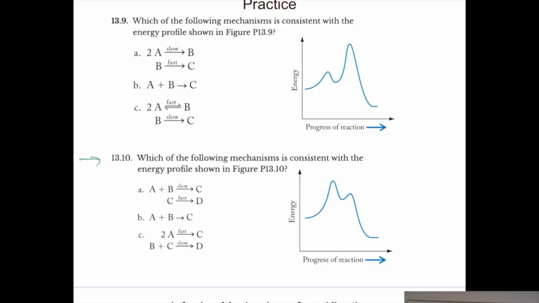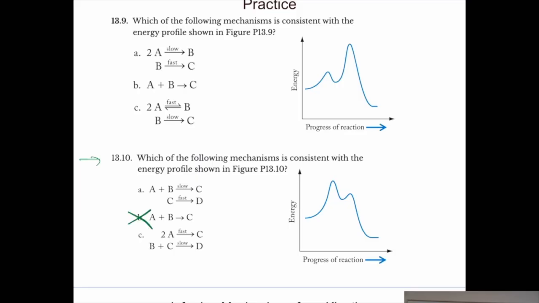Right from the get-go, you should recognize what these curves mean, activation energy and reactants and products. How many reactions is this reaction coordinate describing? 1, 2, or 3? 2, all right? So you're looking for a proposal that has 2 steps. So we can rule out B. B only has 1 step. We're looking for something with 2 steps.